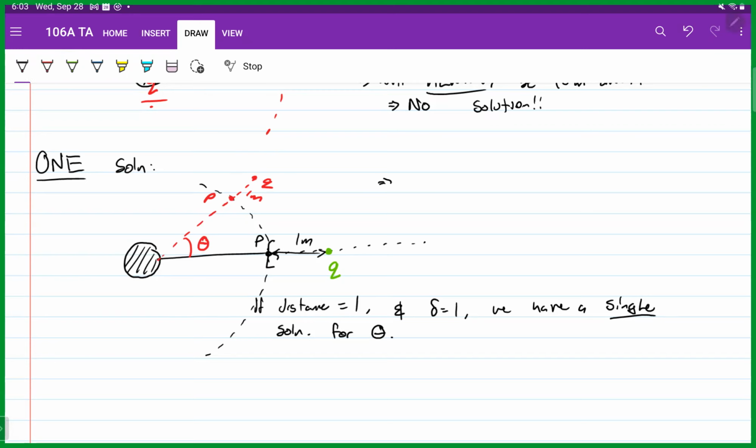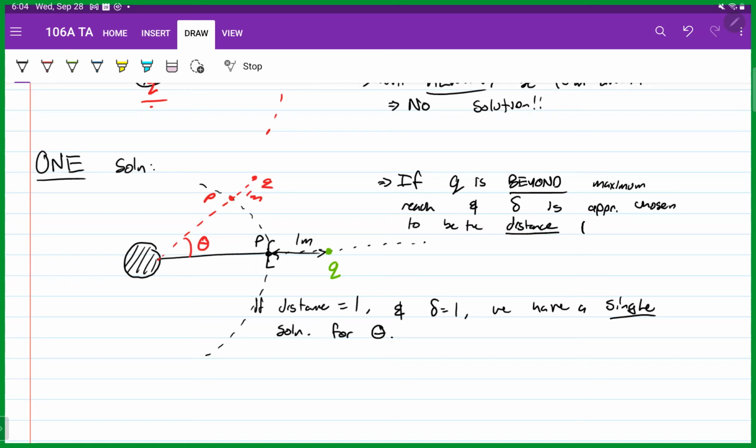So if Q is beyond the maximum reach, and delta is appropriately chosen to be the distance to this little circle over here, chosen to be like this distance over here to the circle, we have one solution. Okay, so those are the 3 different cases for this subproblem 3.